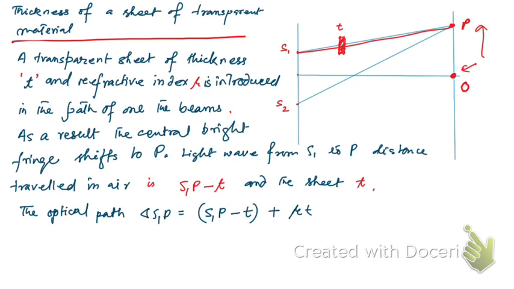Here mu is the refractive index of the sheet. Now you see, the thickness of the sheet is t. So you may think that the distance through the sheet must be t. Actually the distance and the optical distance are two different things. Let me explain why. Let me take a new slide to explain this.